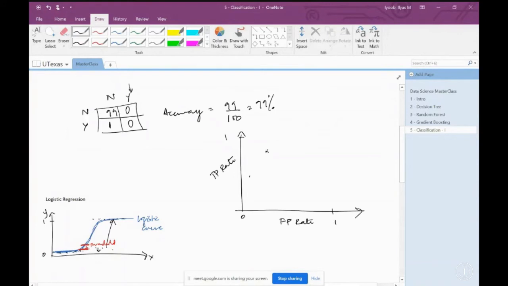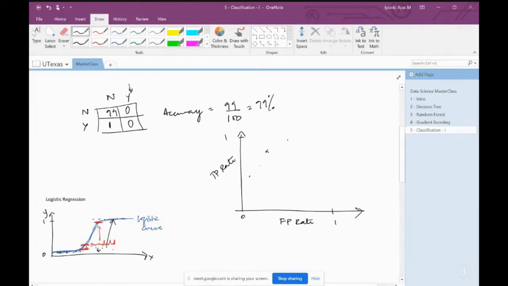Whereas if we move the threshold up, let's say we push this threshold all the way here, somewhere here, then we're going to capture all the zeros, probably going to be fine, but we're going to miss some of the positive values, right?